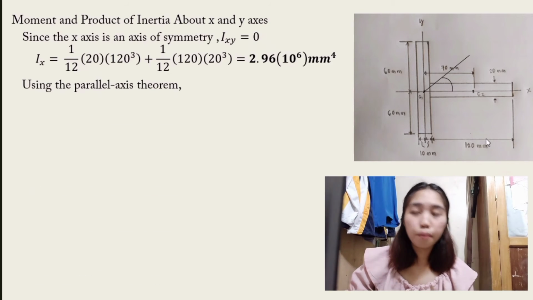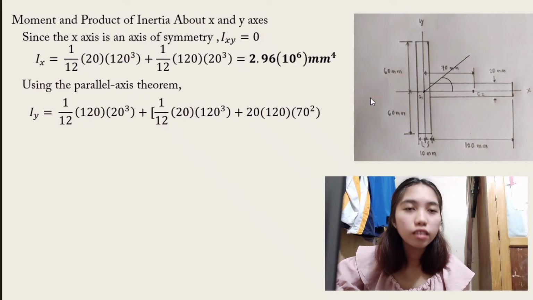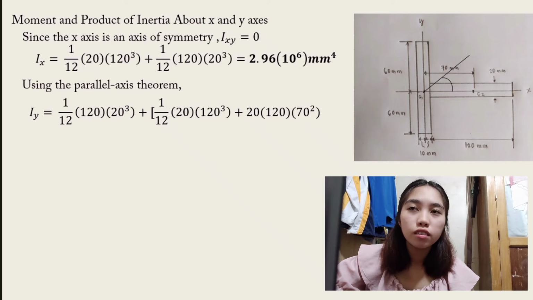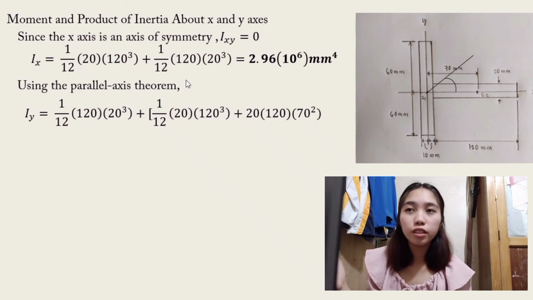So if you calculate it, the answer is 2.96 times 10 raised to 6 millimeter to the fourth. Using the parallel axis theorem, the formula for I of y is equal to 1 over 12 base times height cubed plus the area times the square of the distance from the center of the segment to the y-axis. So we just input the data.